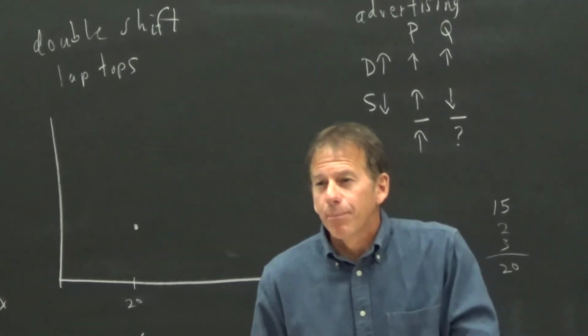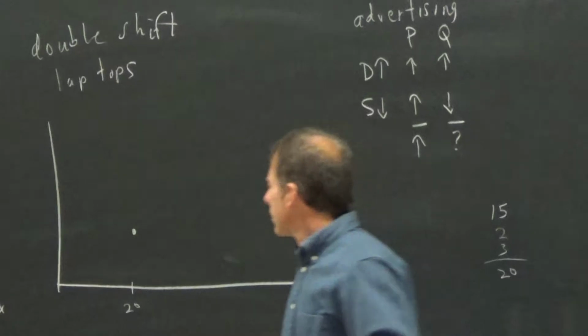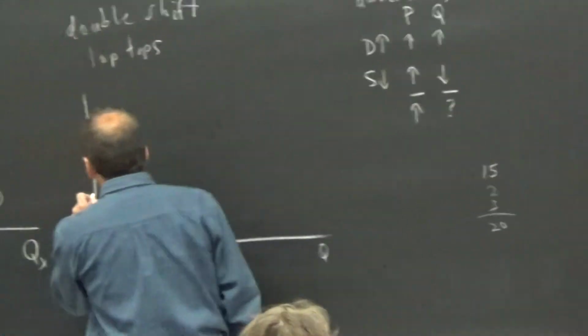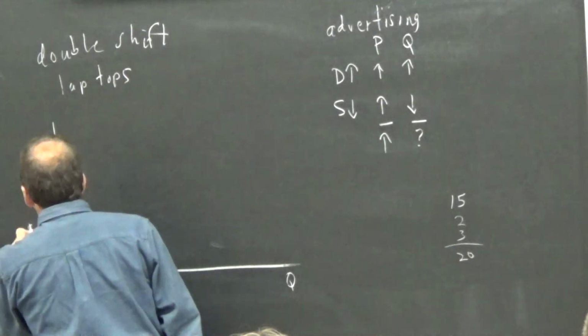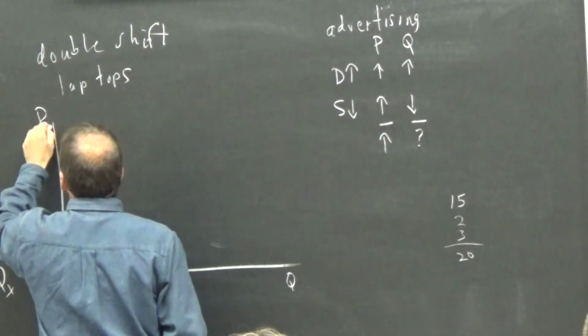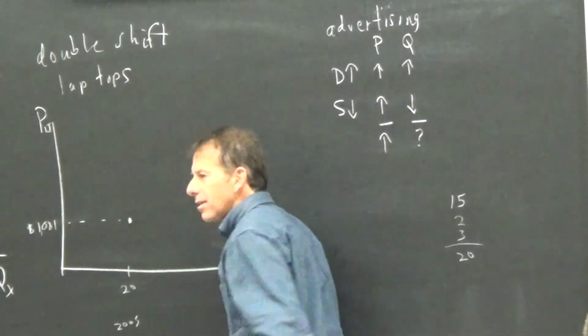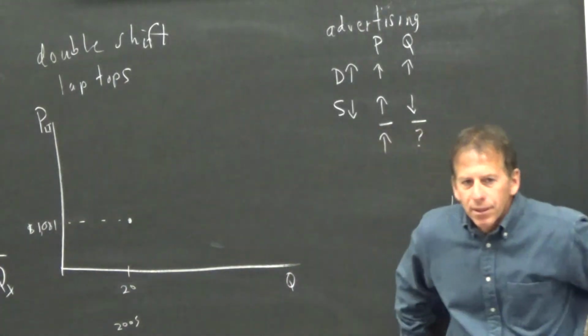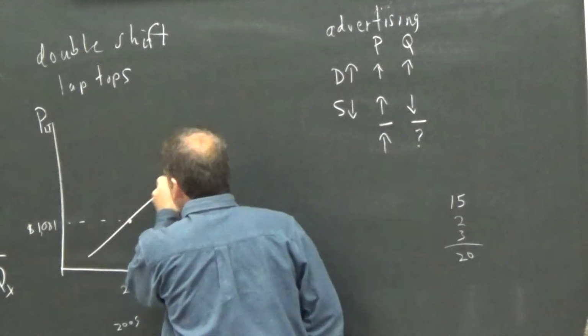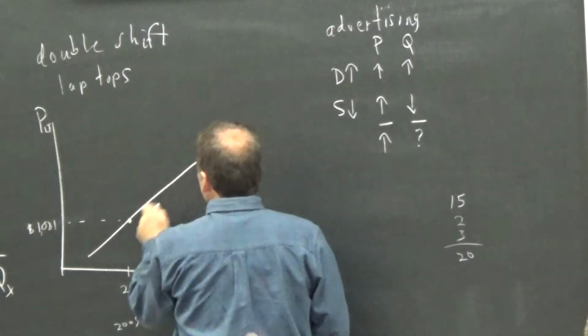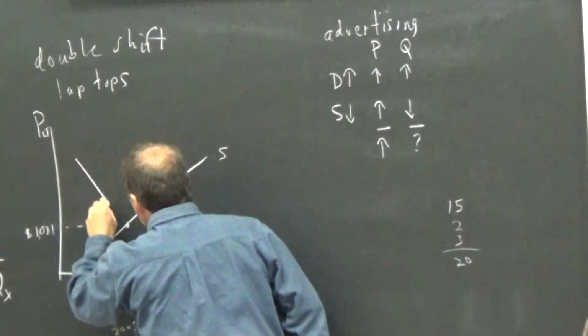The average price of a laptop during that period was $1,081. That was the price of laptops, and as a class, we bought 20 of them. So let's make that our starting point. That would be our supply curve, and this would be our demand curve.